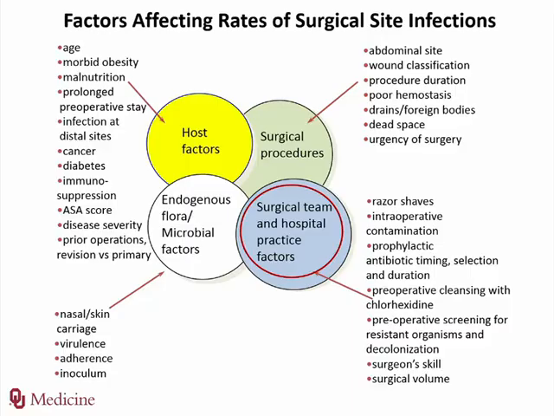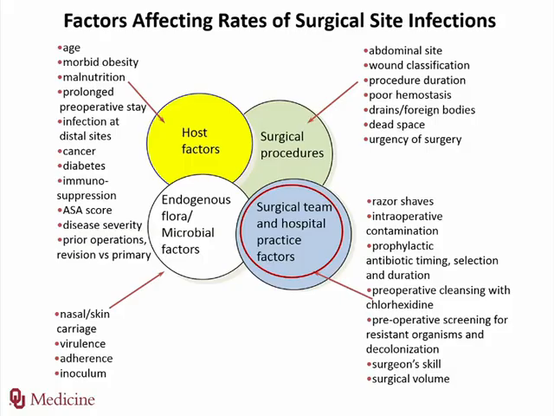Remember that when we talk about preventing surgical site infection, there is no magic pill, because there are all sorts of different risk factors that impact the risk of a patient getting a surgical site infection. There are a lot of host factors that we just don't have control of. So you'll have patients who need orthopedic surgery that are diabetic, have cancer, or are on immunosuppressants because of their rheumatoid arthritis.